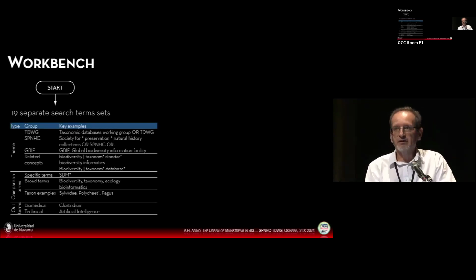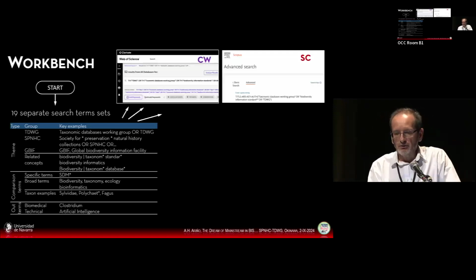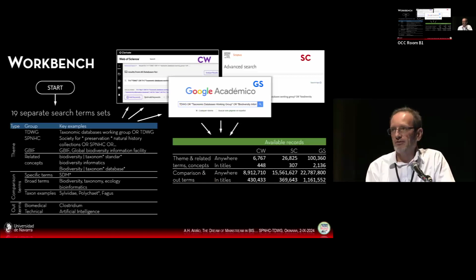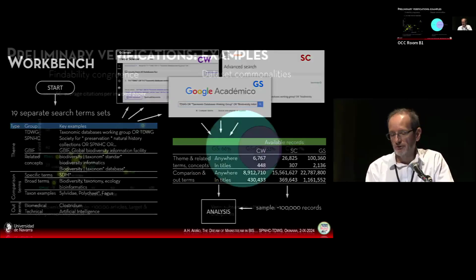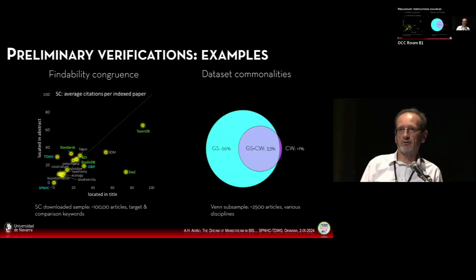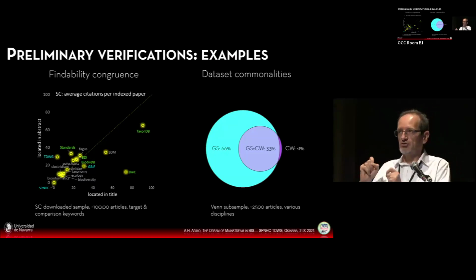I use 19 separate sets of search terms divided into theme terms, comparison terms, and outgroups. I did a lookup in Web of Science, in Scopus, in Google Scholar, and came up with a number of hits, about 100 million, of which I sampled about 100,000 records for further analysis. I did some primary verification, such as looking for congruence between the searches. For instance, if something was searched in the title, probably it should appear also in the abstract.